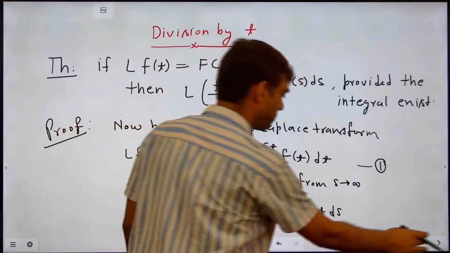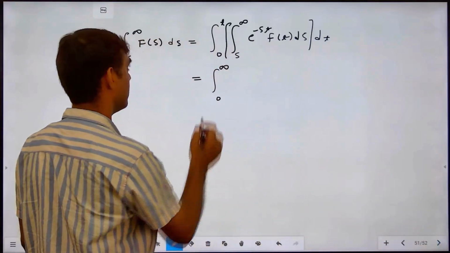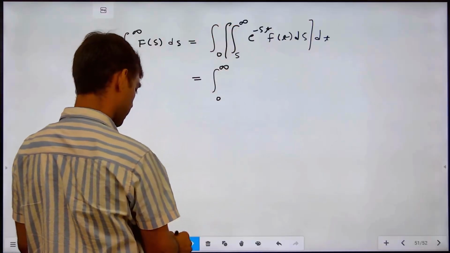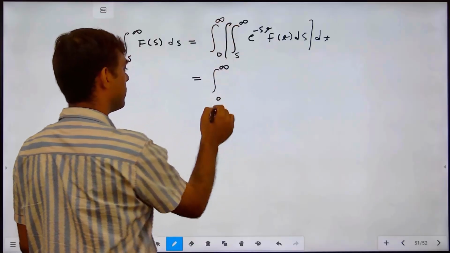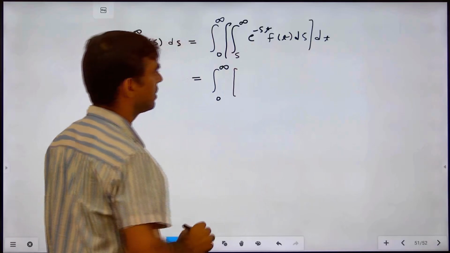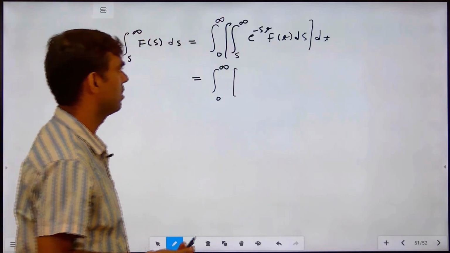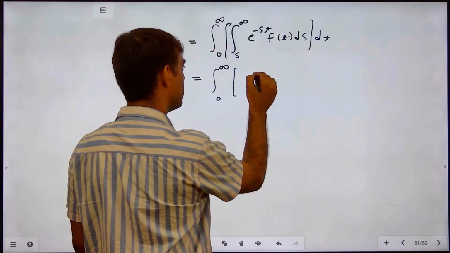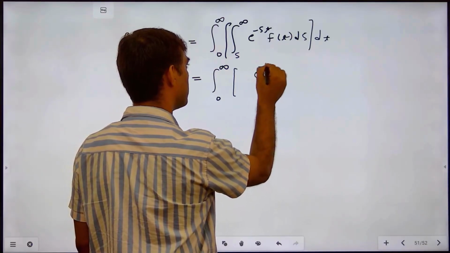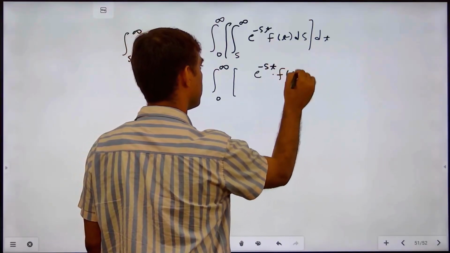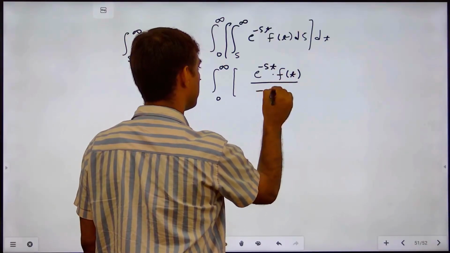The function f(t) is free from s, so we may write it outside. What is the integration of e to the power minus st? It becomes e to the power minus st divided by minus t, with respect to s.